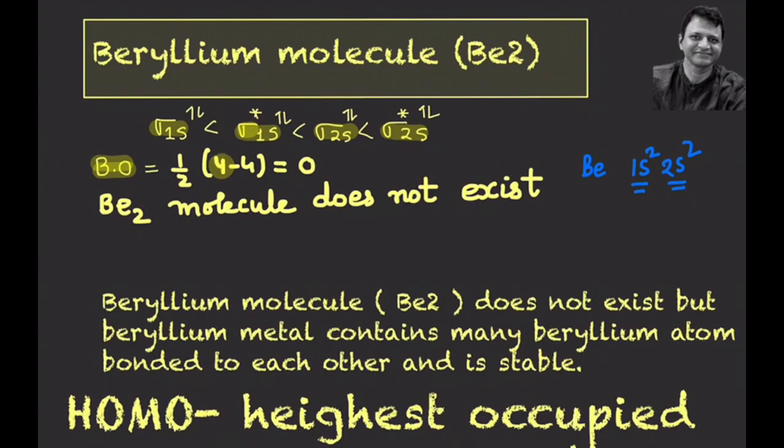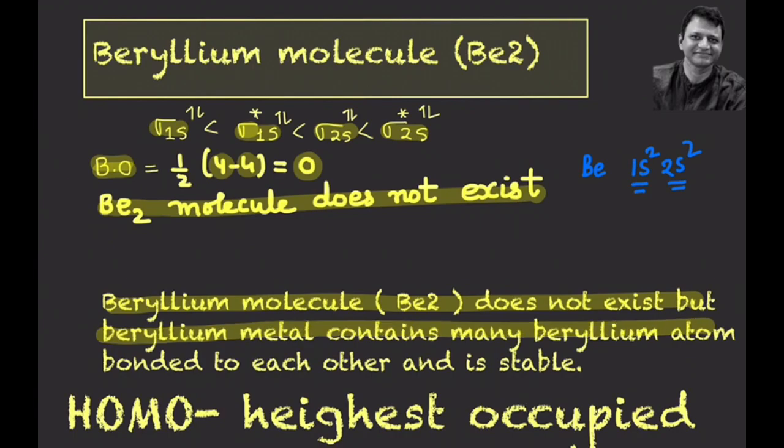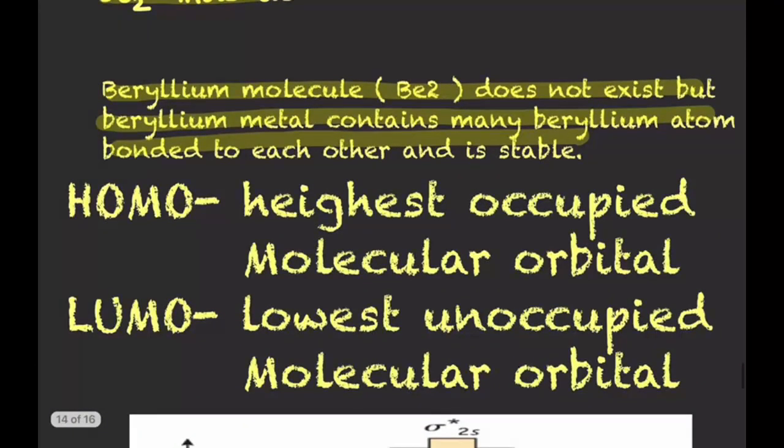So if I calculate the bond order, there are 4 electrons in bonding and 4 in anti-bonding, so bond order is 0. If bond order is 0, it means that the beryllium molecule does not exist, and it is correct. In nature we are not finding the beryllium molecule. So the beryllium molecule does not exist, but beryllium metal contains many beryllium atoms bonded to each other and is stable, and we know that beryllium exists in metallic form in which many atoms are there together.